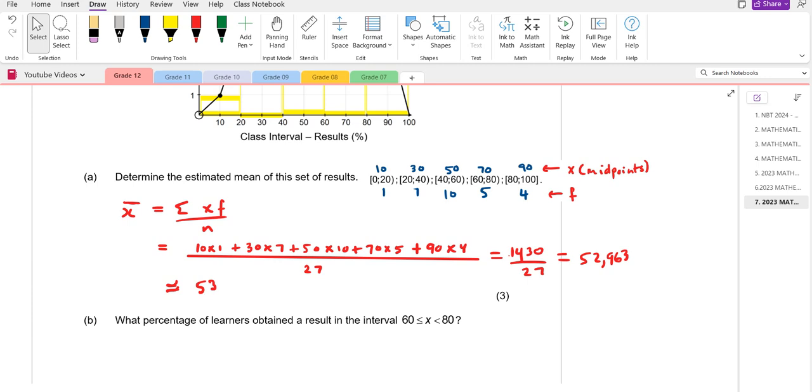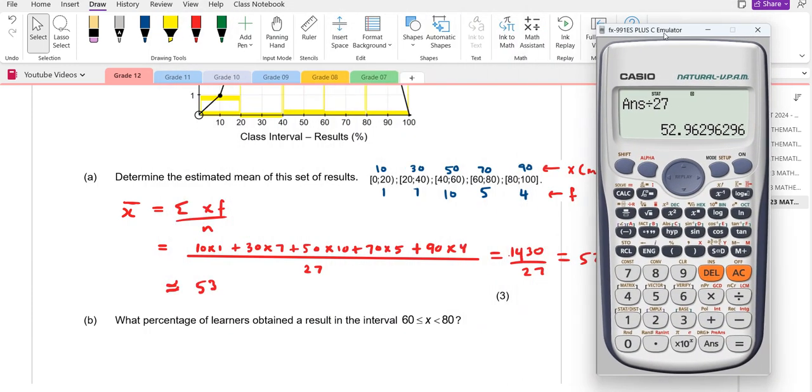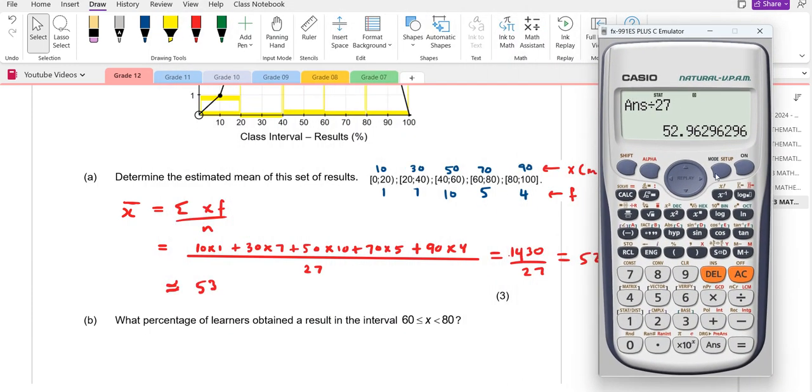Let's put it into the calculator and check if we get the same answer. We're going to put in frequency and midpoint. So mode, stat, option number 1. I can see the frequency is off, so press shift mode, scroll down, go to stat, and put the frequency on. Now I'm going to enter all the x values. The first x value was 10. Let's redo it. Mode stat 1.